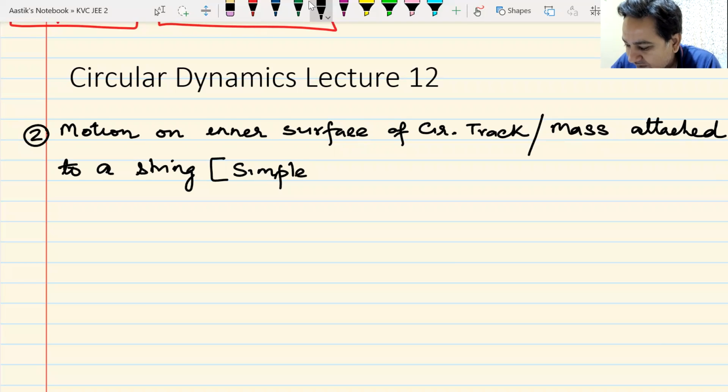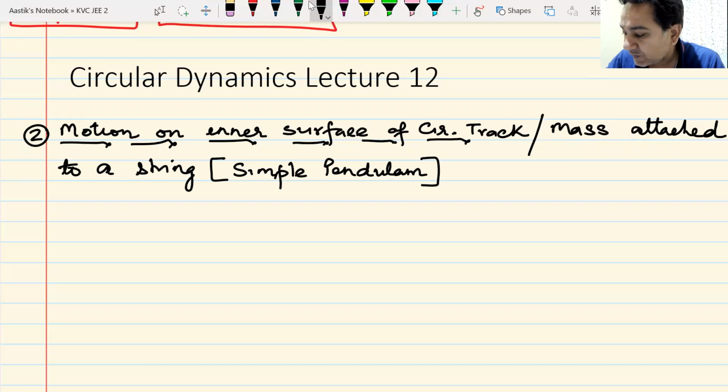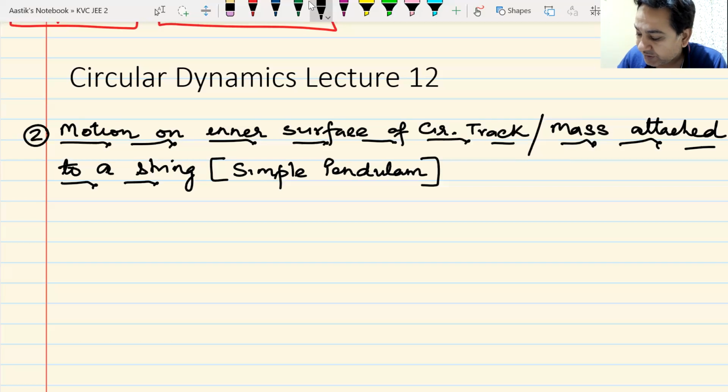You can also call it simple pendulum, though we will go ahead and do more than a simple pendulum. But both these motions we are going to study under the same heading: motion on the inner surface of a circular track and a mass attached to a string.